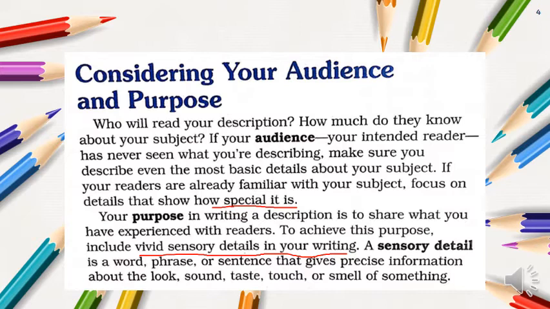A sensory detail is a word or a phrase or a sentence that gives precise information about the look, here the sight sense, or sound, or taste, or touch, or smell of something.